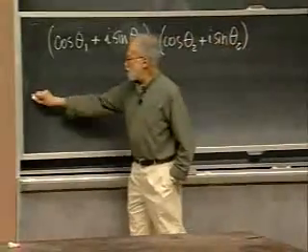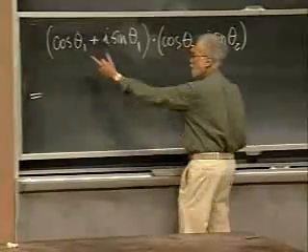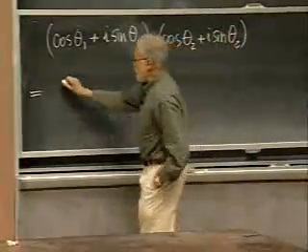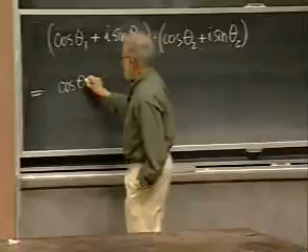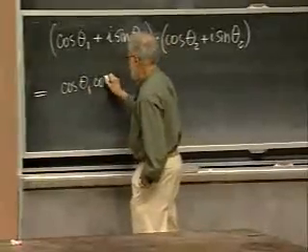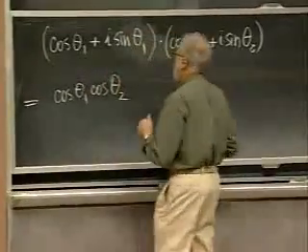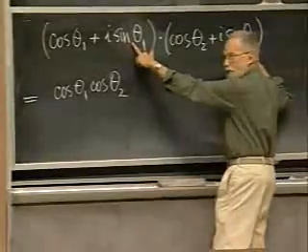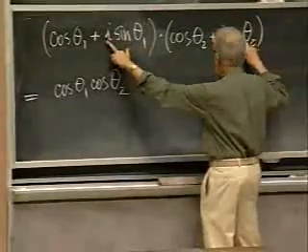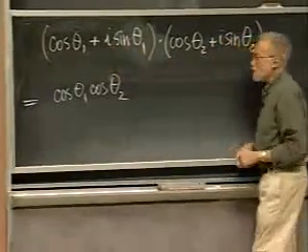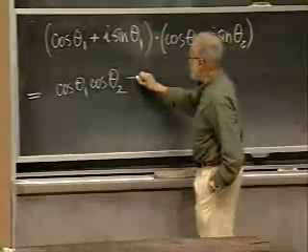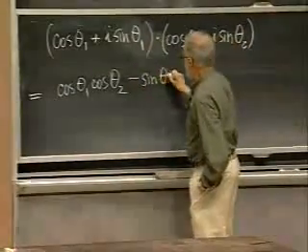Well, again, we'll use the method of grouping. What's the real part of it? The real part of it is cosine theta 1, cosine theta 2. And then there's a real part which comes from these two factors. It's going to occur with a minus sign because of the I squared, and what's left is sine theta 1, sine theta 2.